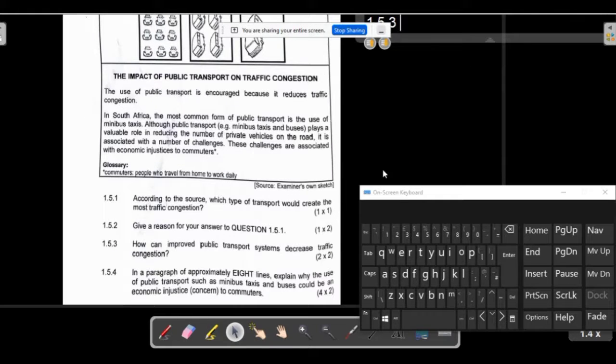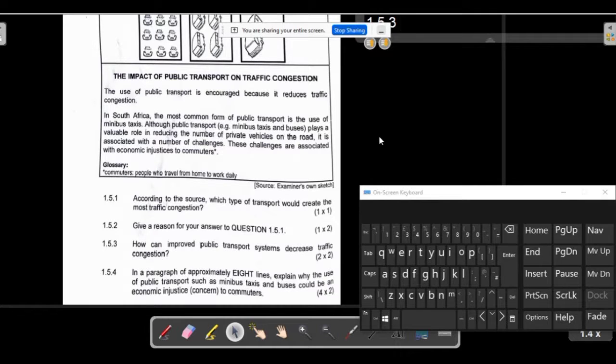Next question, 1.5.3. How can improved public transport systems decrease traffic congestion? So how can we do that?